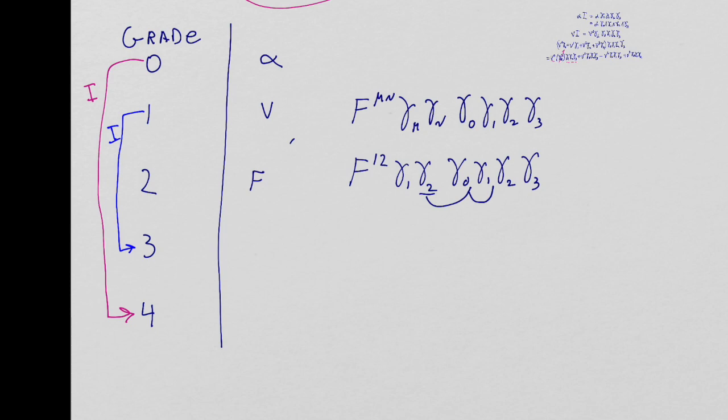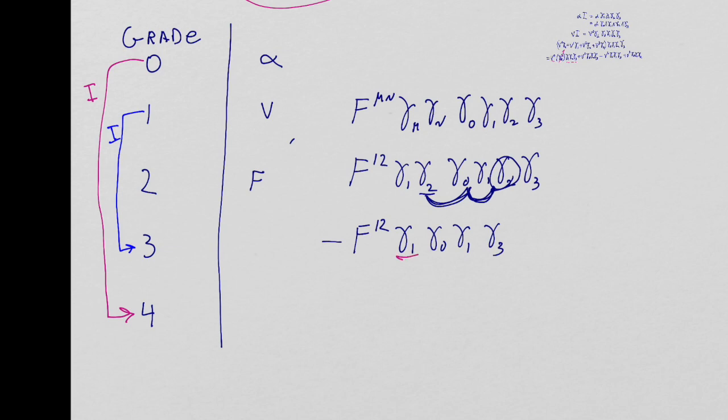And so that would take me to F12, gamma 1, gamma 0, gamma 1, gamma 3 with a sign change, right? Sign change, no sign change. Well, sign change, undo the sign change, left with a gamma 2 squared, which is a sign change. So that's what this sign change right here is. And then, once I've done that, what's left?